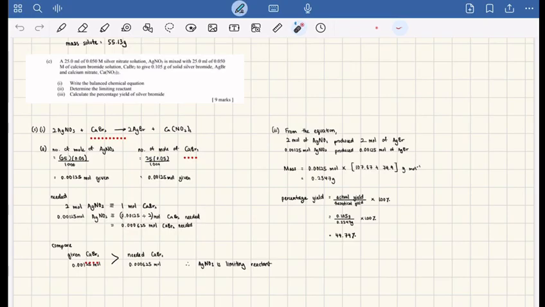Okay, and then we'll calculate the needed mole. From the balanced chemical equation, we know that 2 moles of AgNO3 react with 1 mole of CaBr2. So that's why here we write 2 mole AgNO3 reacts with 1 mole CaBr2. So we'll take 0.00125 mole and divide it by 2 to see how many moles we actually need.